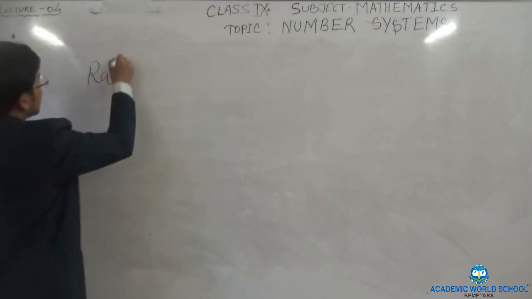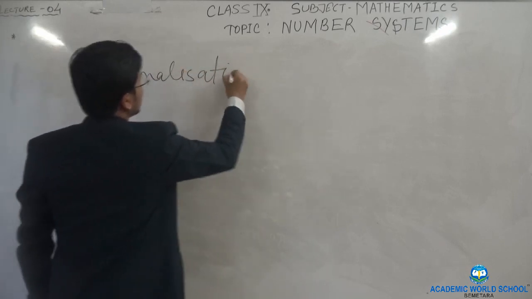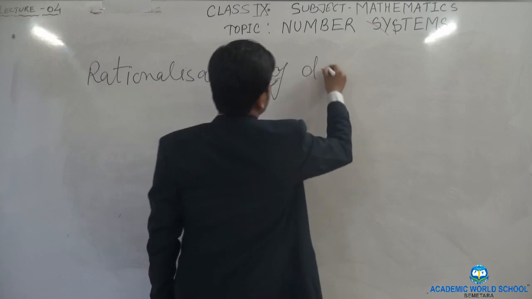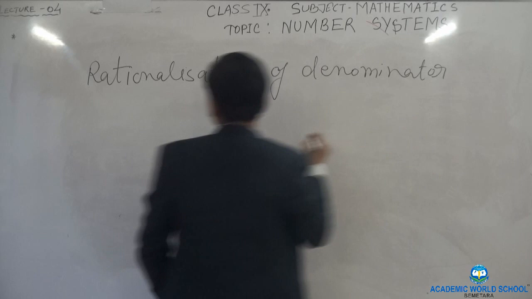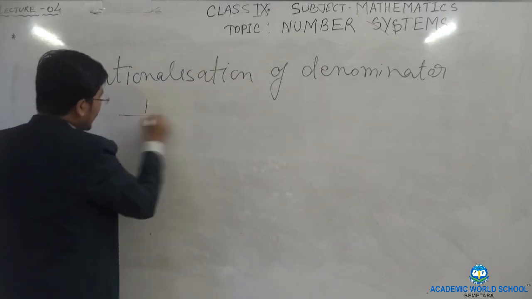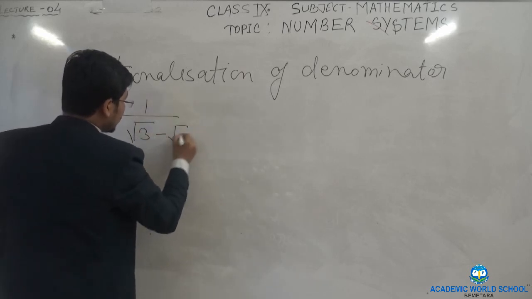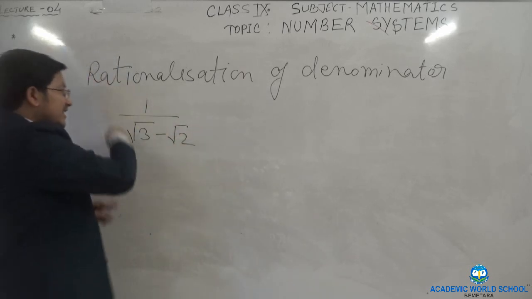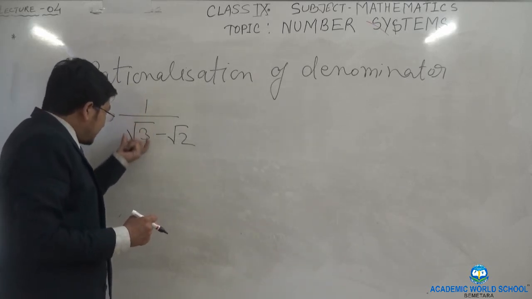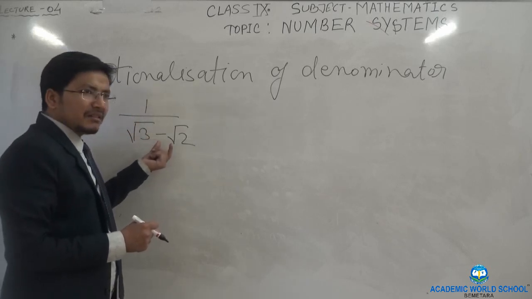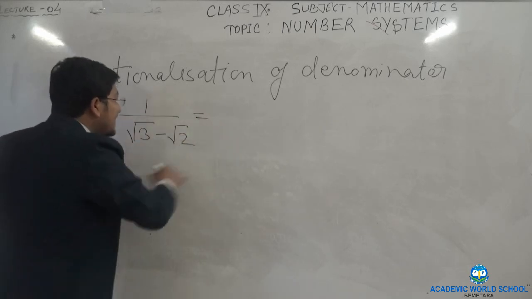Say, students, if I am writing 1 upon root 3 minus root 2, and I have to rationalize this, I don't want this type of number, a root, in the denominator. I don't want that. So what I have to do is rationalize this.